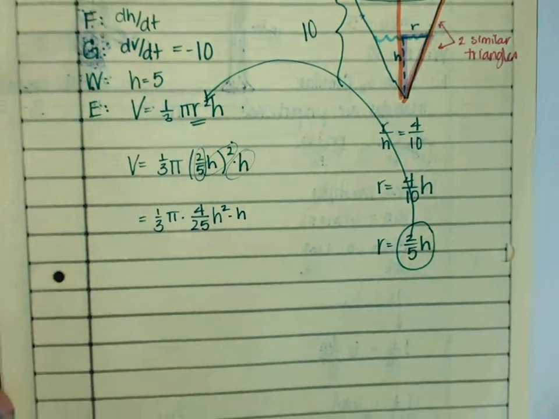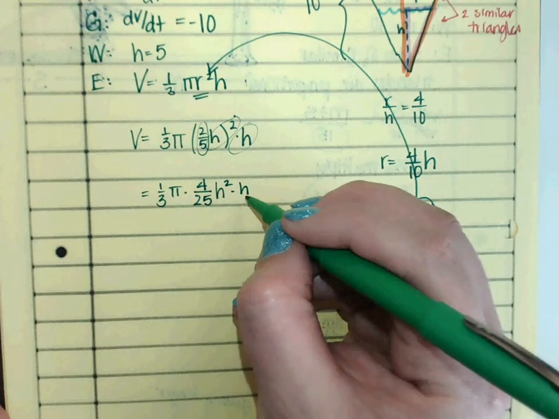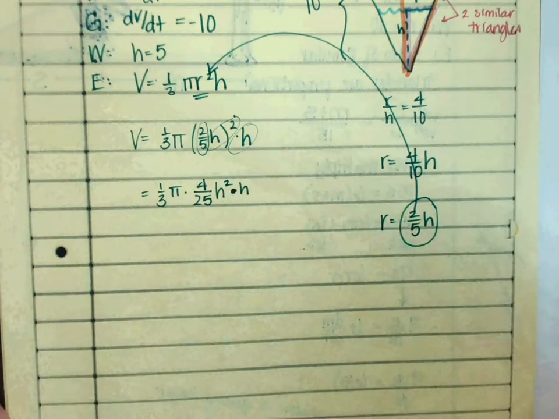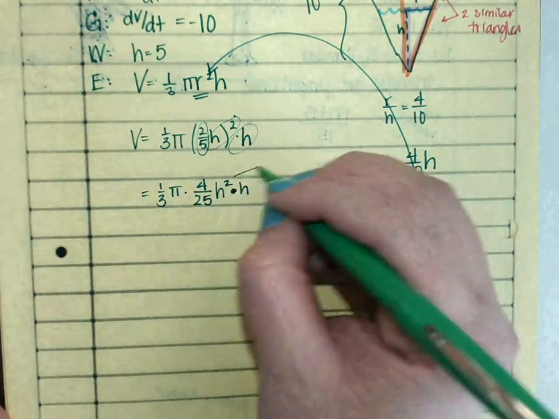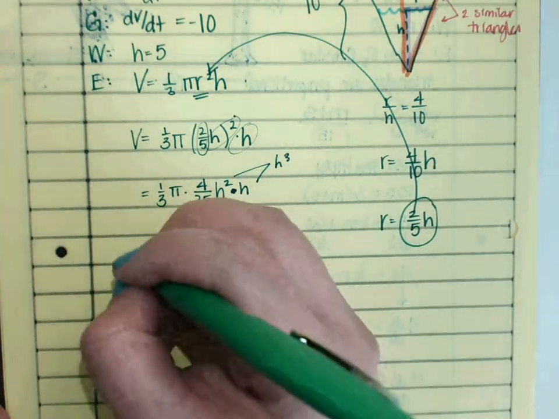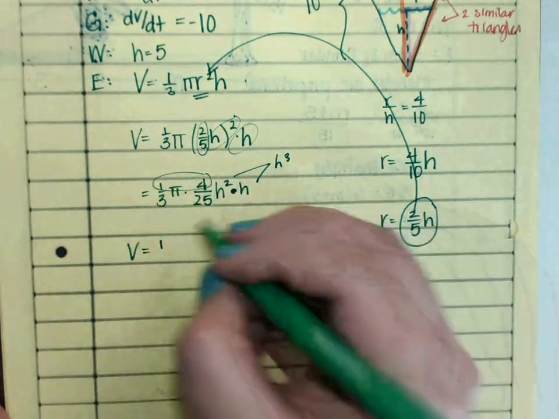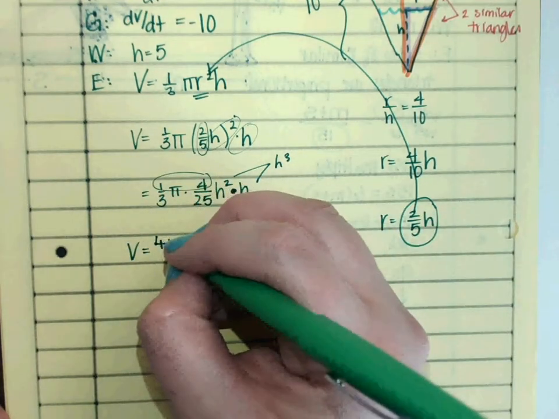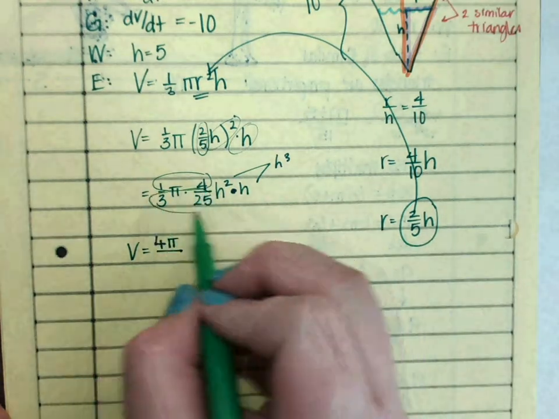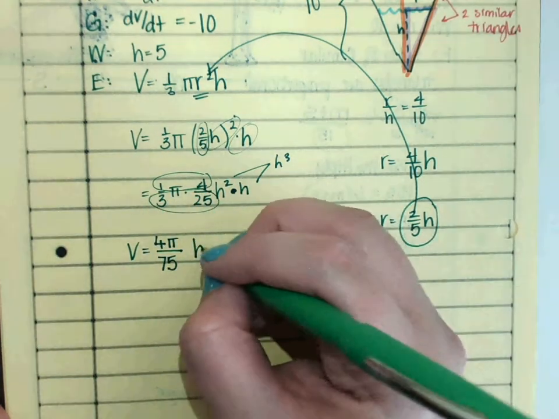So how many h's are really in the equation? 2 here, 1 here. How many altogether? That's h cubed, right? So I have volume equals, what is 1 times 4 across the top? 4 pi over, what's 3 times 25 on the bottom? 75, and then h cubed.